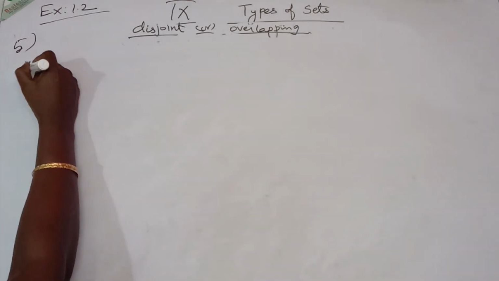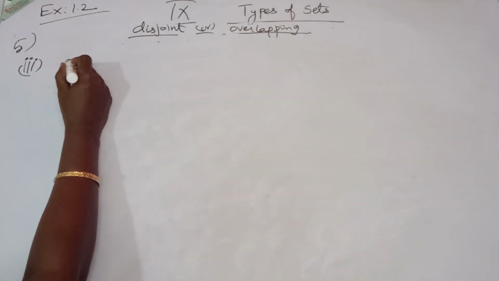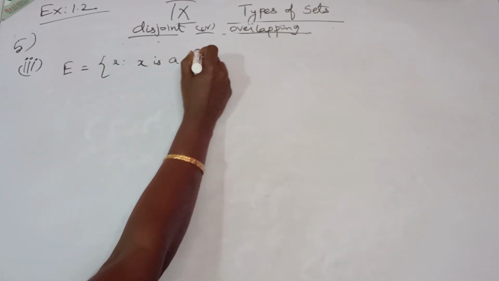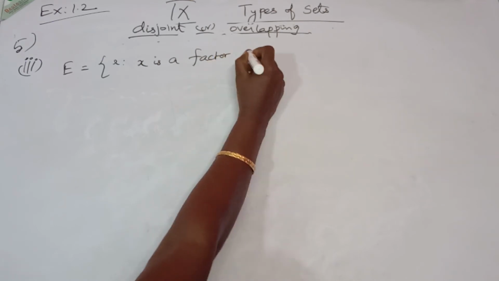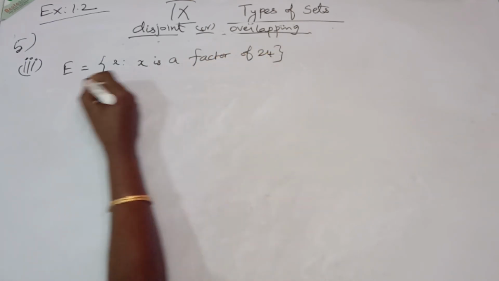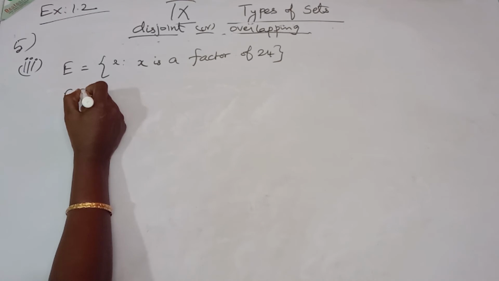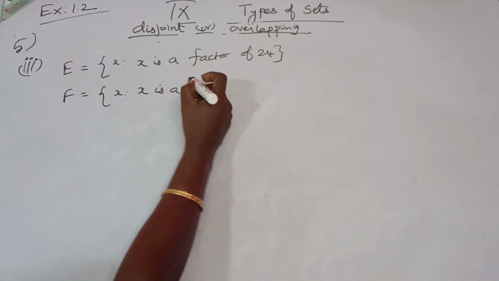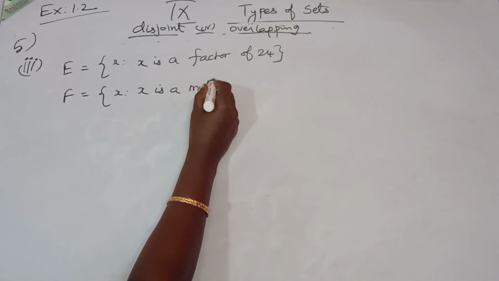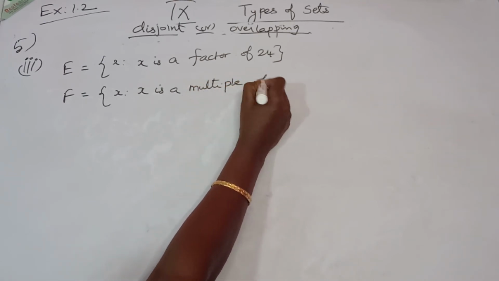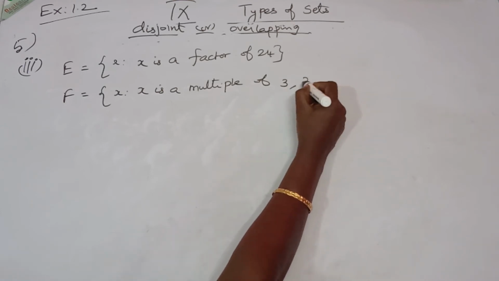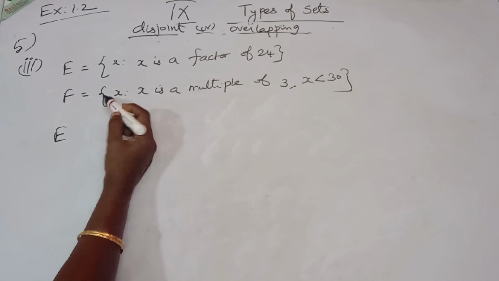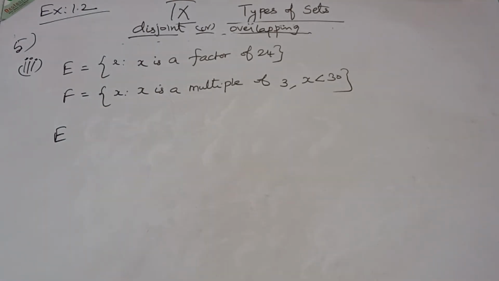The third question is the set E equal to x such that x is a factor of 24, and F equal to x such that x is a multiple of 3 as well as x is strictly less than 30. Given in set builder form, you have to write it in roster form.